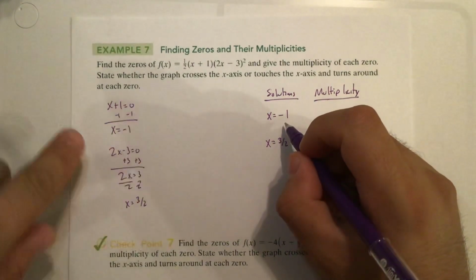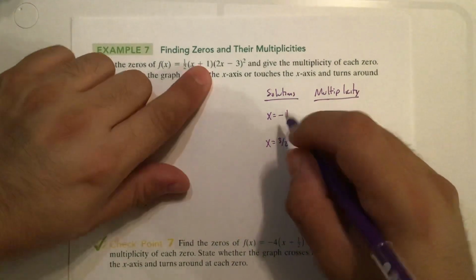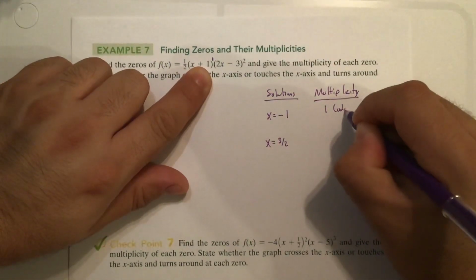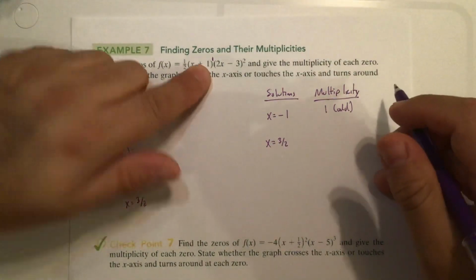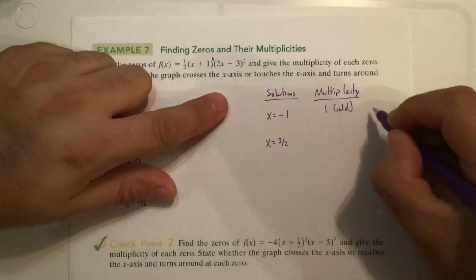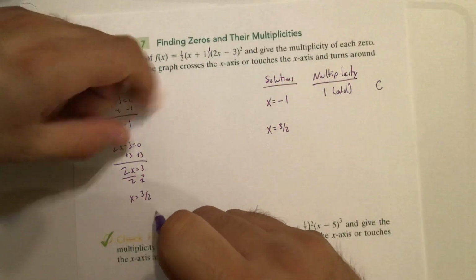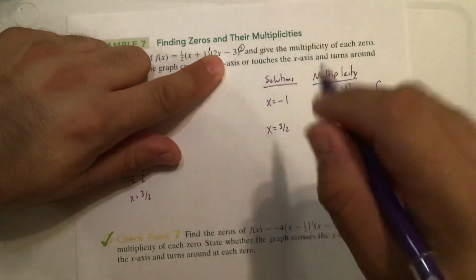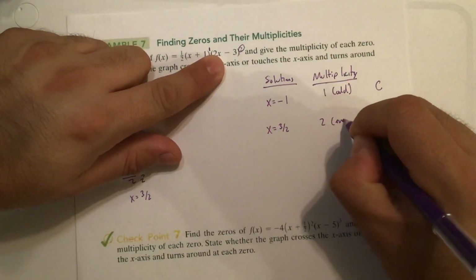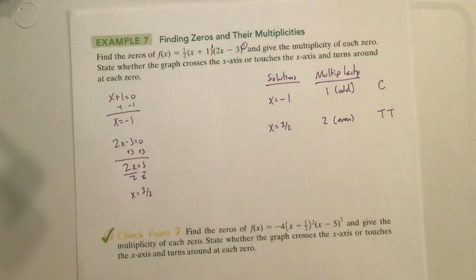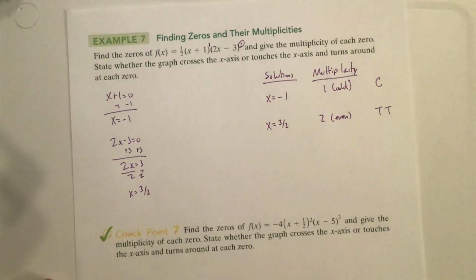Now, for x plus 1 equals 0, the multiplicity right here is a 1, which is odd. And if you recall from the previous directions, if it's odd, it crosses the x-axis. For my second one, x equals 3/2, the multiplicity is 2, which is even, and it's going to touch and turn at the x-axis. Okay, and it is that simple.